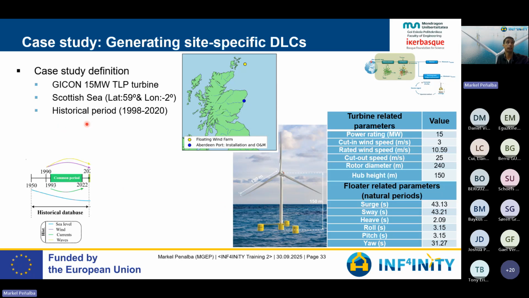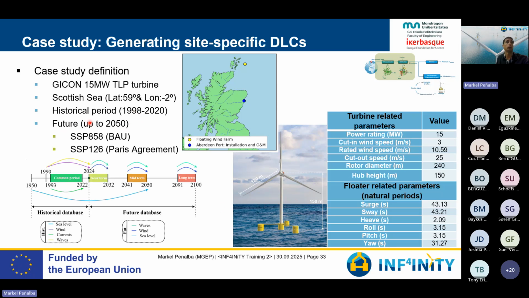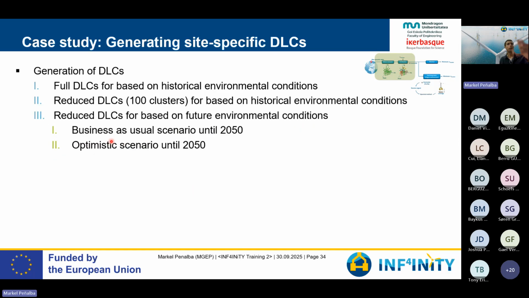And then we will analyze a historical period and also a future period under different scenarios, right? So 3 case studies: 1, full design load cases, so no reduction using clustering techniques, based on historical environmental conditions. The reduced DLCs with 100 clusters so that it doesn't take too long, right? And to compute all these scenarios based also on historical environmental conditions, and finally a set of future environmental conditions.